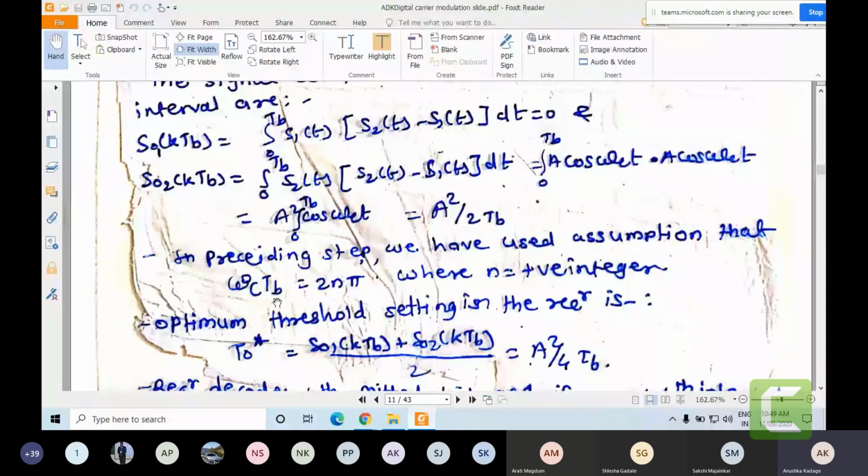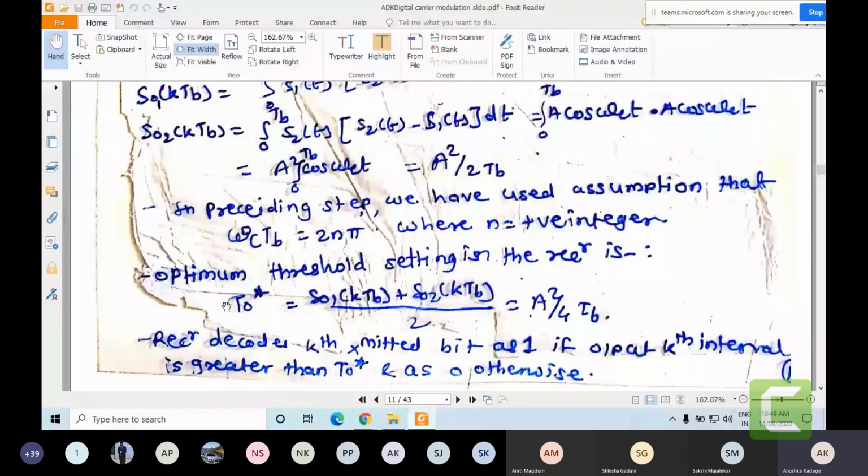Then one other thing we have to do here is the optimum threshold value setting for the ASK receiver. And we have derived mathematically that the optimum threshold setting will be done by calculating the average value of the S01 output and S02 output, which are correspondingly the modulator output or received output with respect to the S1(t) and with respect to the S2(t) signal.